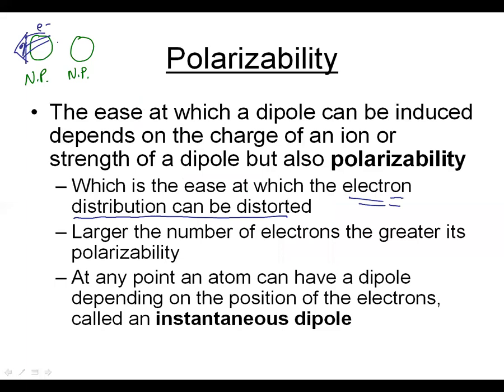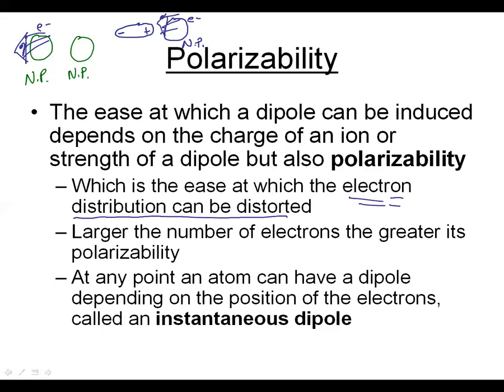Now, if all the electrons move over to the left-hand side of the molecule, this normally nonpolar molecule that has no separation of charge will temporarily gain a separation of charge: negative on the left and positive on the right. And if this normally nonpolar molecule gains this temporary charge, the electrons in this other nonpolar molecule will decide, whoa, that's a positive side, so I want to go this way now.